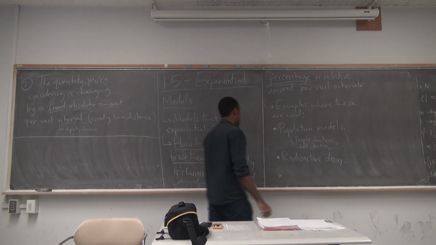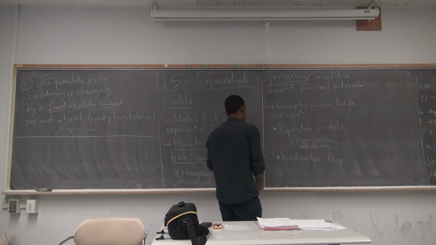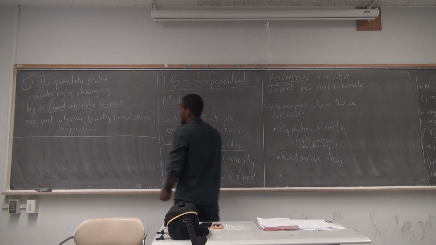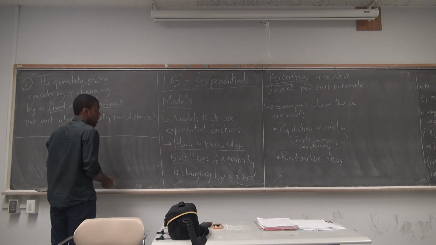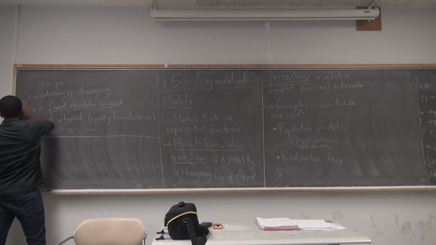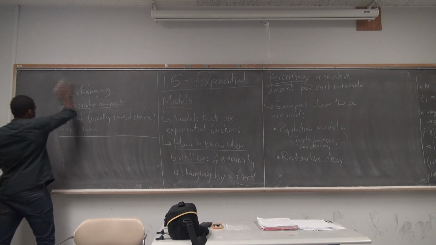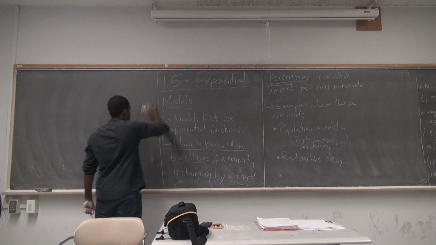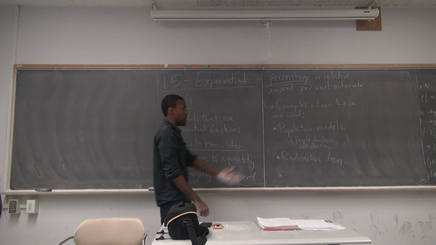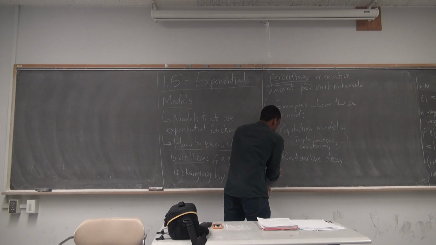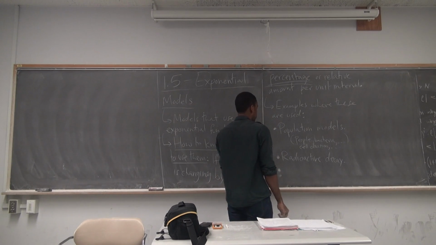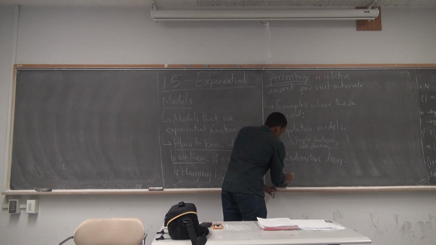If I take a huge mass of uranium or carbon or whatever, entropy takes place and things start decaying. It tends to decay by a percentage amount of what it was before.